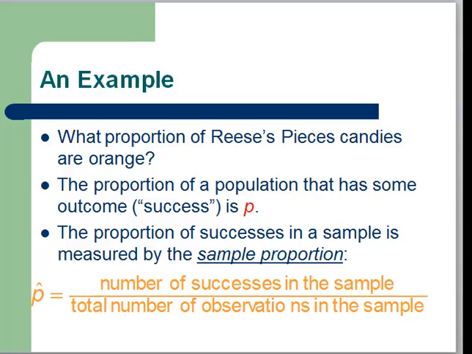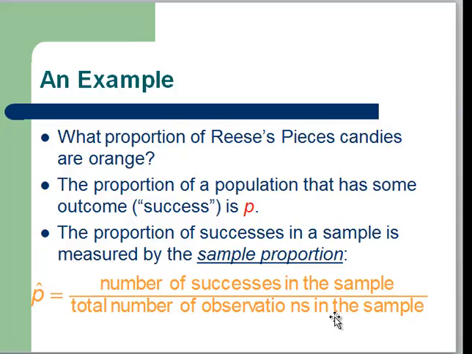The proportion of successes in a sample, on the other hand, is measured by something called a sample proportion. And the symbol for the sample proportion is P hat. The formula for the sample proportion is the number of successes in the sample divided by the total number of observations in the sample. So suppose I went to the grocery store and I purchased a small package by the checkout counter there of Reese's Pieces candy.